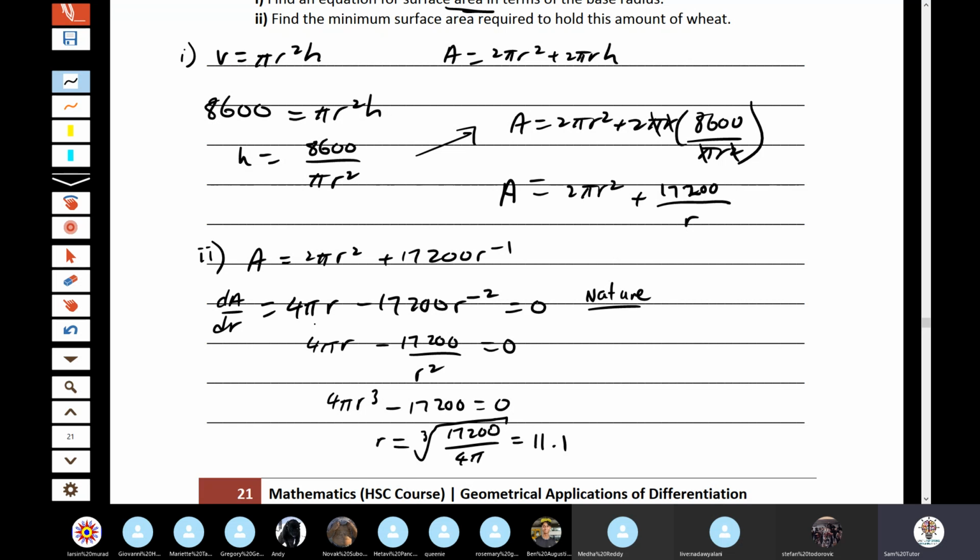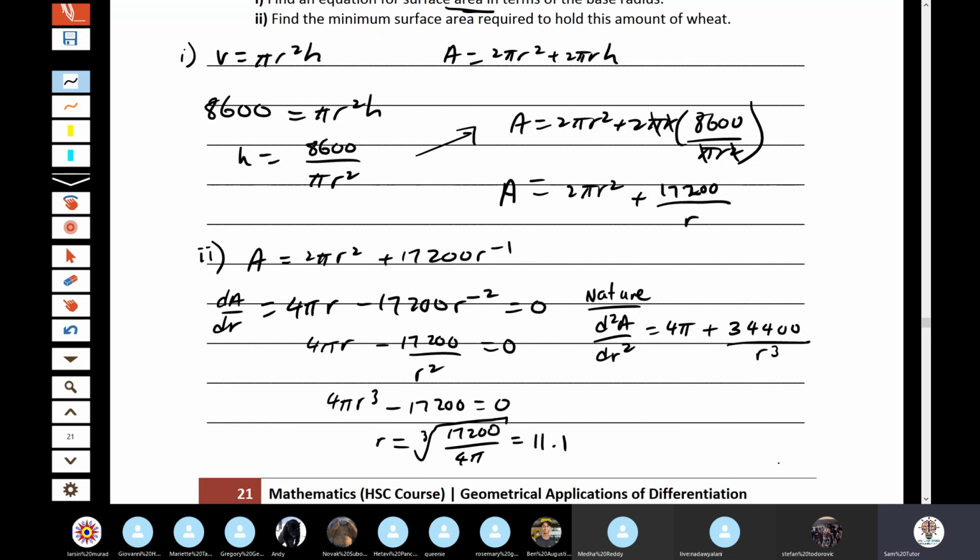Ready? d squared A on dr squared is 4 pi, drop the negative 2 down, which becomes plus 34,400. I haven't done that wrong. And then r to the negative 3, which means over r cubed. You guys just got to trust me with that.